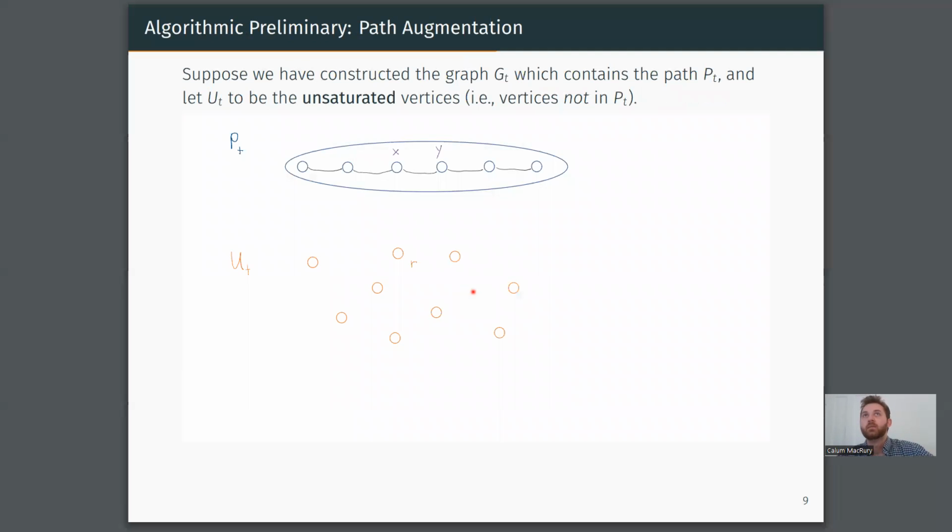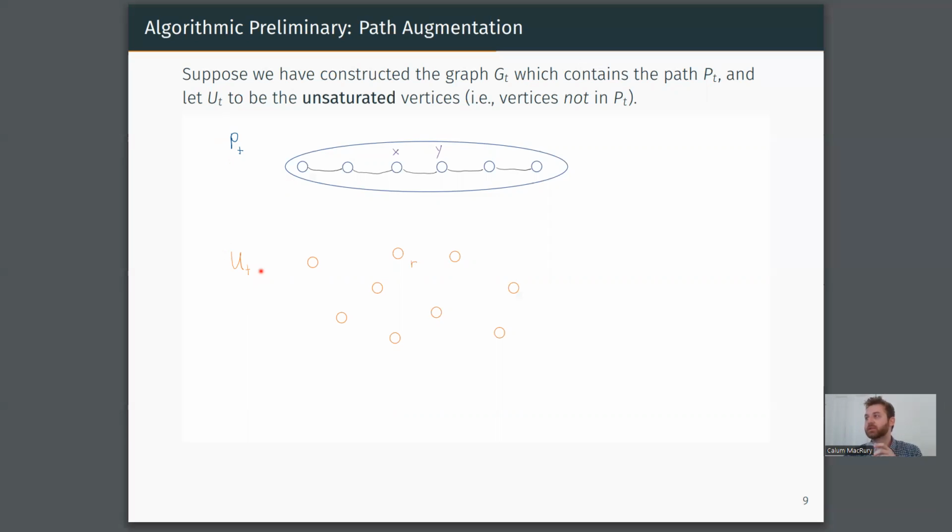Okay, so all the algorithms we use in this paper boil down to the same preliminary idea. Let's suppose that we've constructed some path P of t after t steps. And let's denote U of t as the current unsaturated vertices of n.